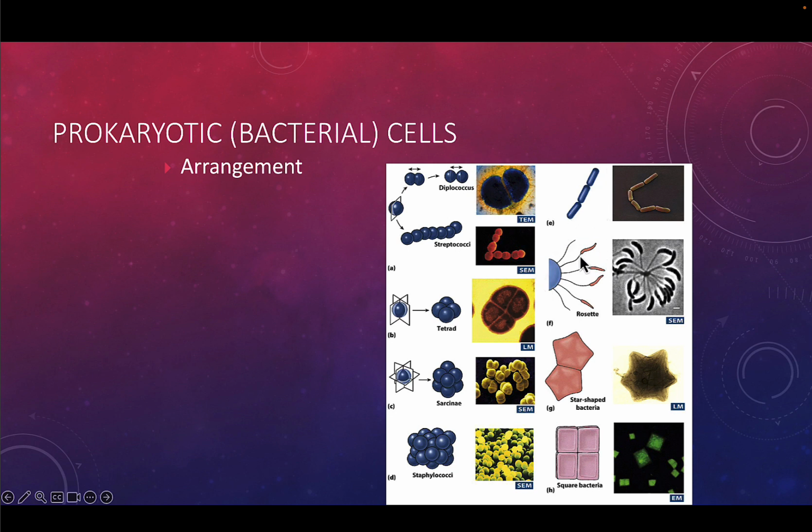You can have these weird rosette structures, and here are some interesting shapes like a star shape or even a square. So the shape and arrangement can vary, but what's usually consistent is that if a species has a particular shape, all members of the species should have the same shape. It's relatively uncommon that a bacterium can change its shape. It happens sometimes, but more commonly, if they are a shape, that is their shape.